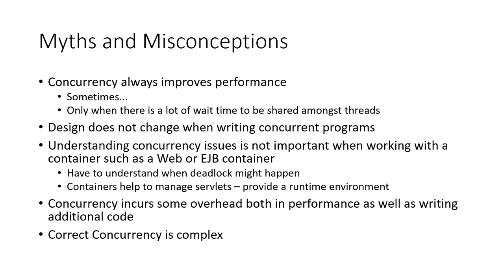You could have times where that object is not being updated properly and the count gets messed up. We're going to see that in a simple counter example on one of the upcoming slides. So concurrency improves performance only when there is a lot of wait time to be shared amongst the threads.